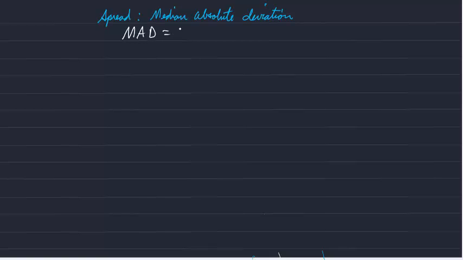And that's equal to 1.482 times the median of the absolute deviation. And we'll use absolute deviation from the median here.